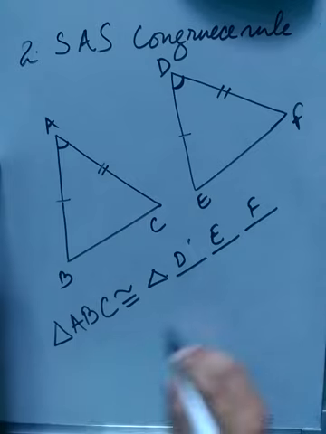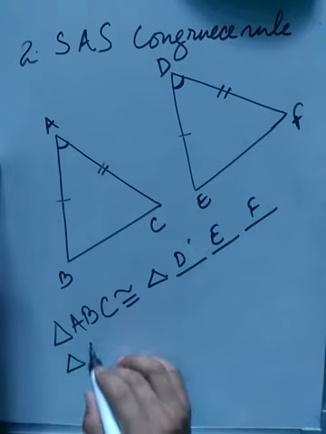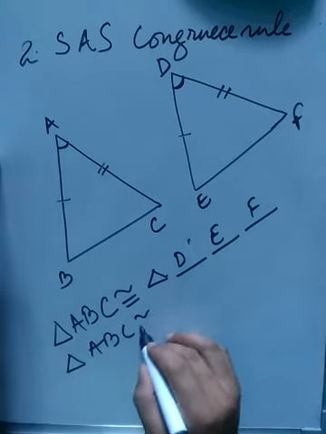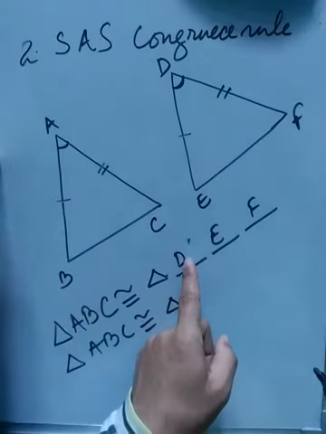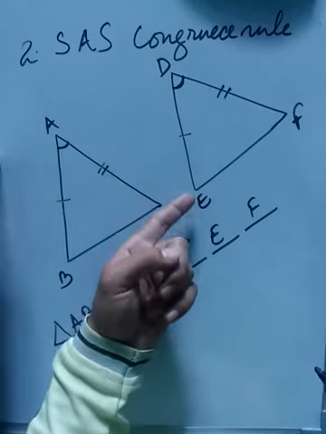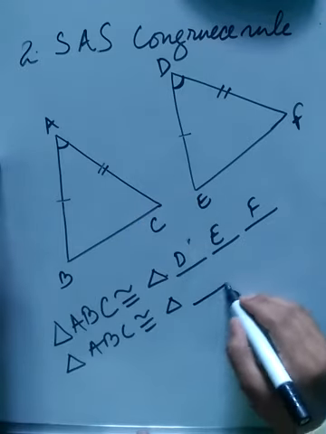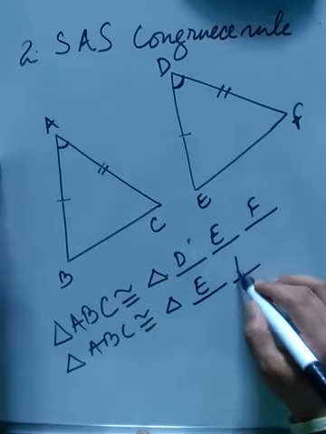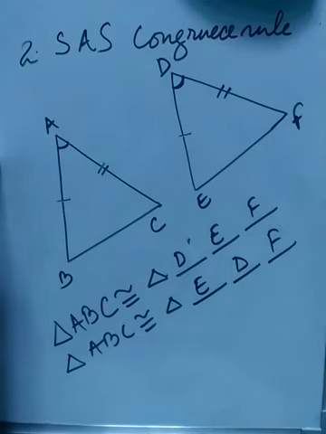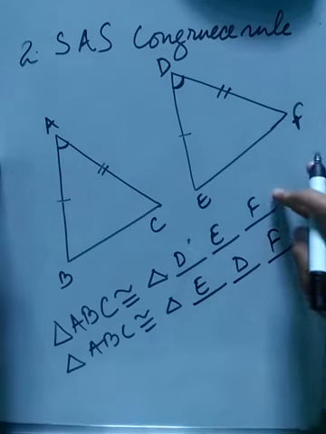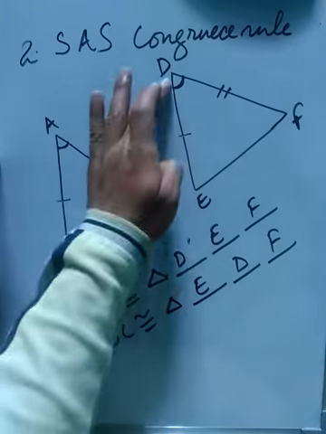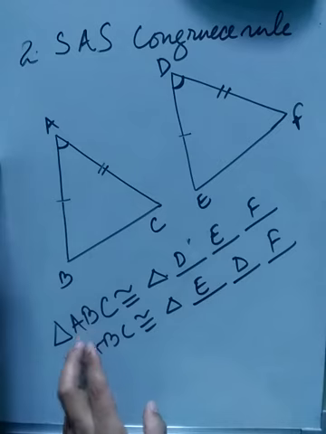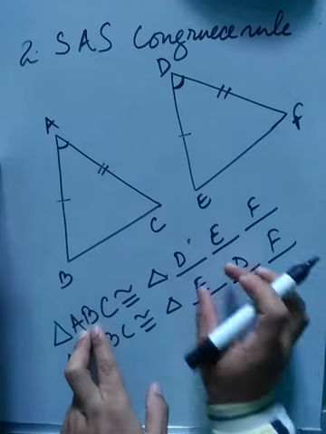Or if you write again ABC, AB is equal to, we have written here DE, but nothing wrong, I can write even here ED. So let me write here ED and then here F. Now which one will be correct? Let us identify. Here AB is equal to DE. AB means first two, DE.